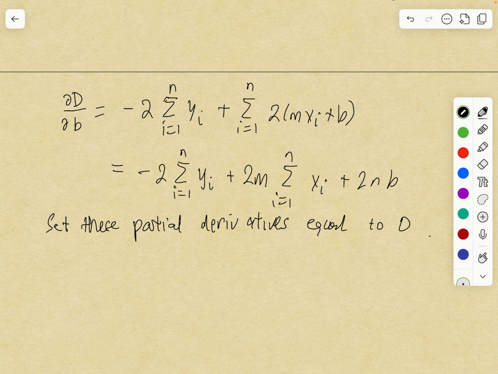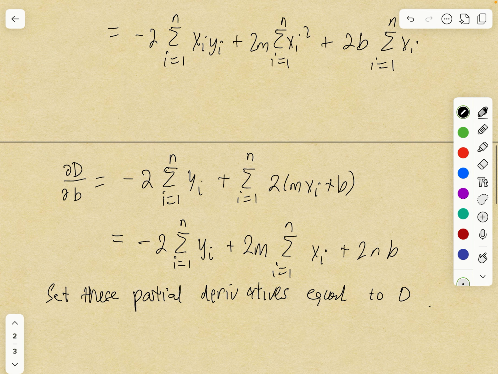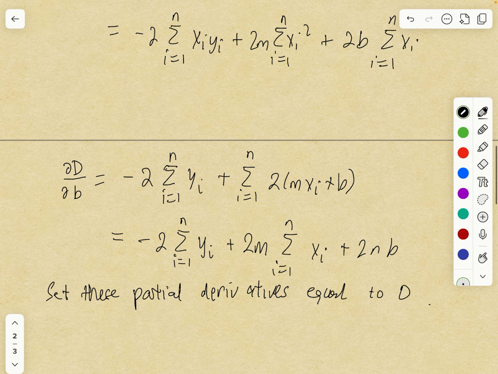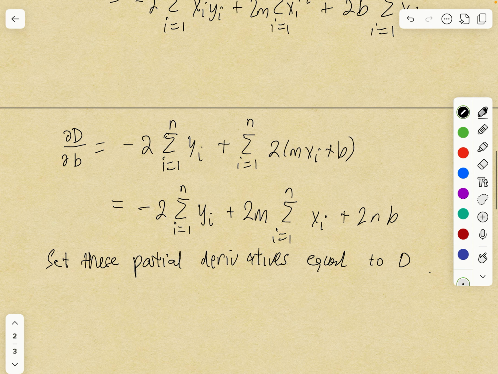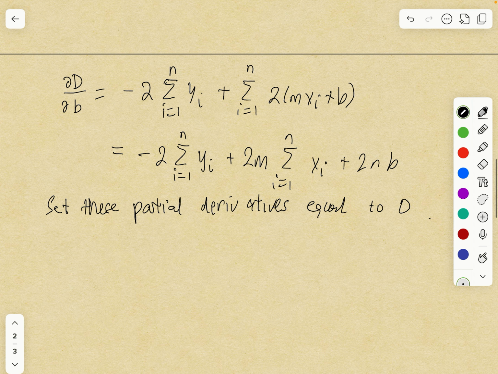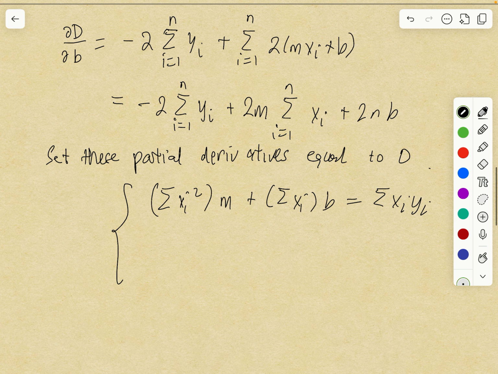And so that's going to give you, let's see, if you divide by 2 and then move things to the other side, this first equation is going to be the sum of xi squared times m plus the sum of the xi's times b equals the sum of the xi yi.